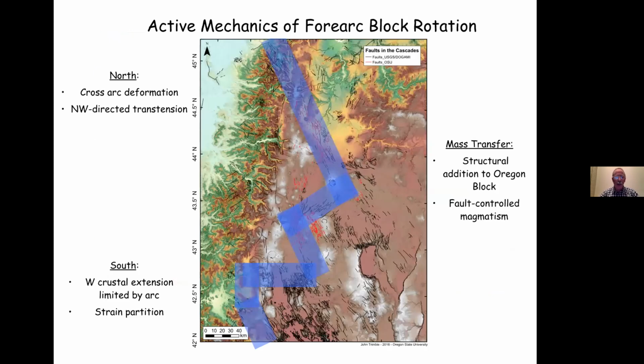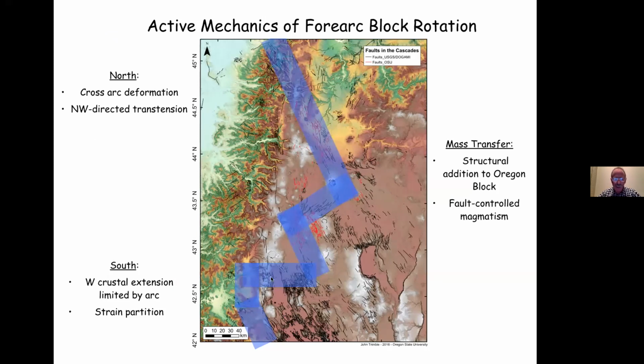And thus that implies that in the north, the shear related to North American modern orogenic processes most likely crosses the arc in the region of Mount Jefferson. But as you go to the south, you have crustal extension in the Basin Range type geometry, which is partitioned between northwest trending oblique slip faults and north trending dip slip faults.